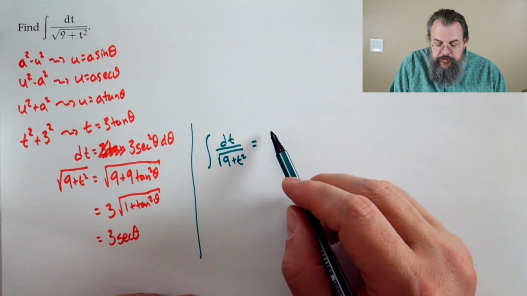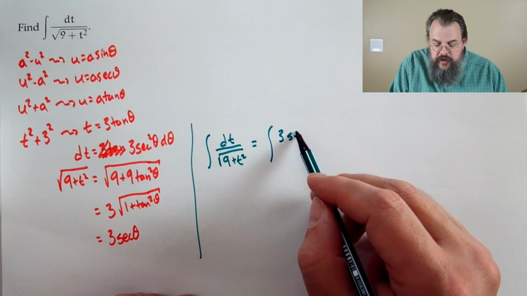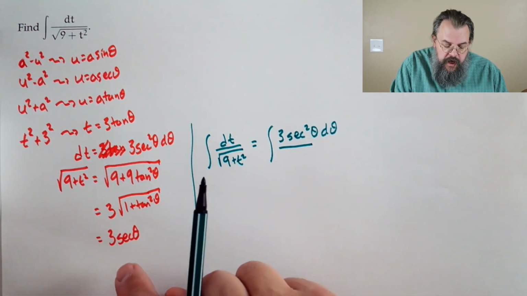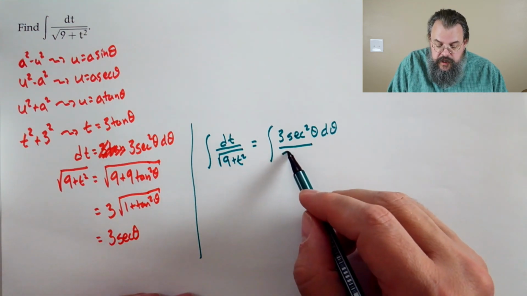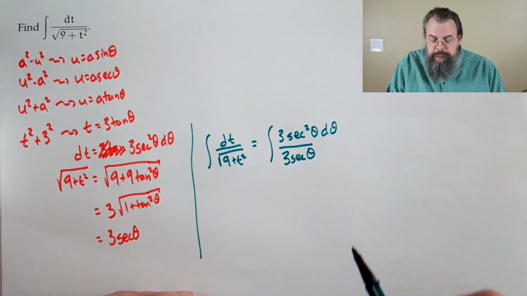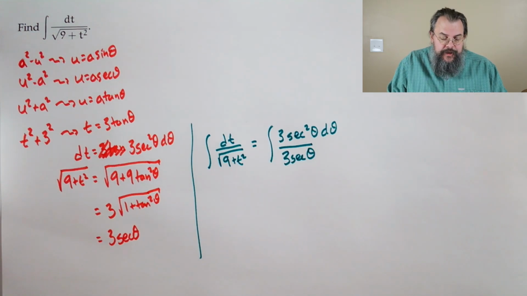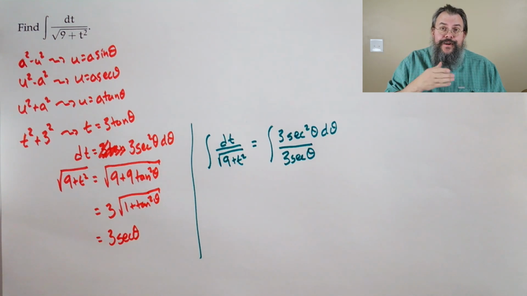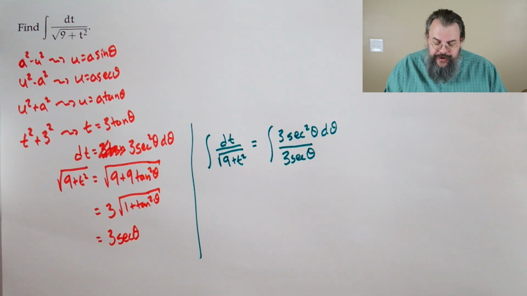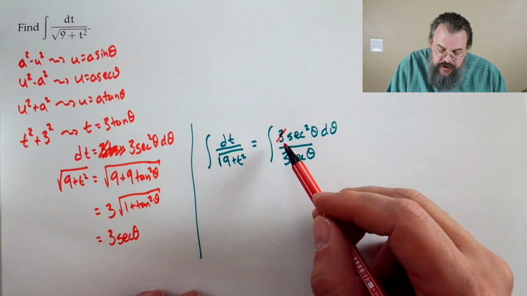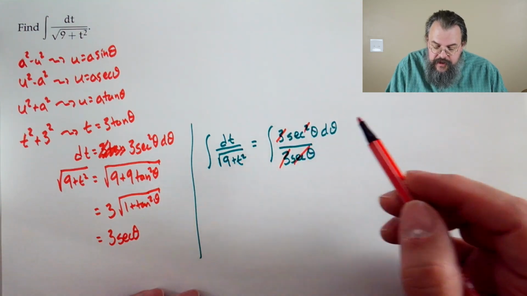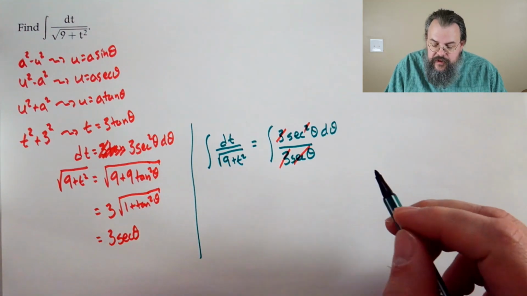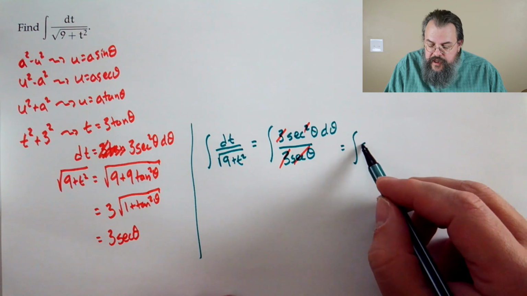That's going to become 3 secant squared theta d theta over, in the bottom, we're going to get 3 secant theta. Okay, well, this is working out rather nicely because we see the 3's are going to cancel. Cool. And actually, more than just the 3's, we can cancel a single secant. Say, fantastic. And really, this is just now the integral of secant theta.